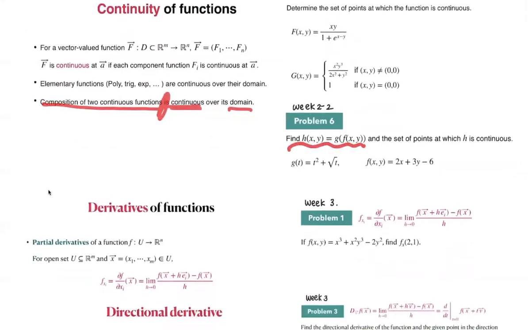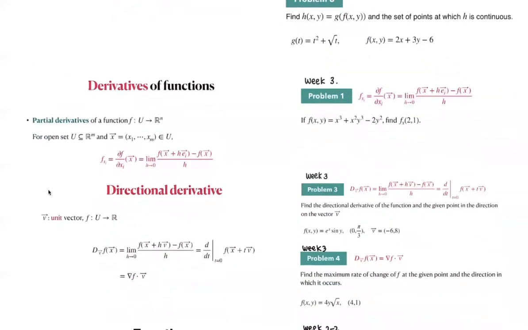So when we want to find the continuous points of this composition function, then we just define the domain of each function. And so t must be bigger than 0, so it must be bigger than 0, like that.